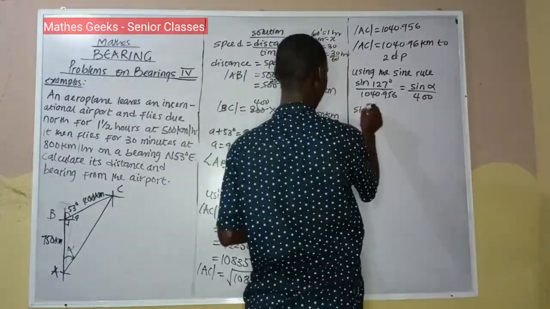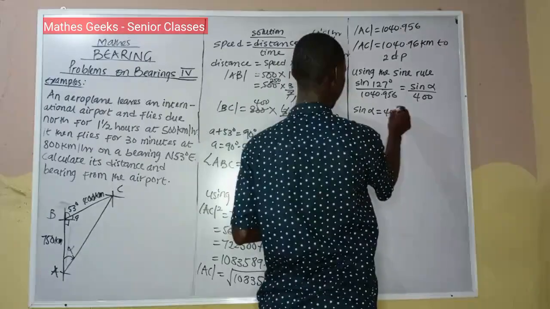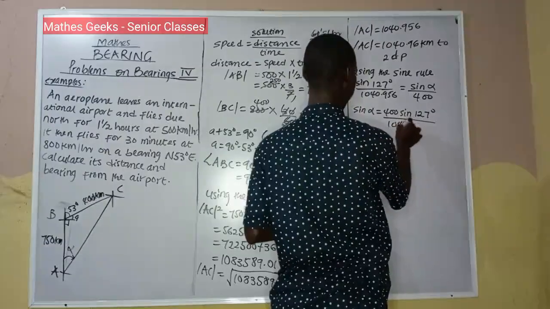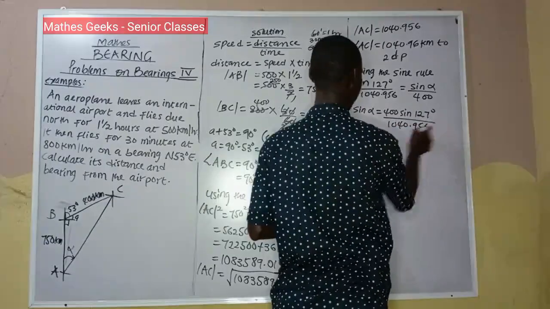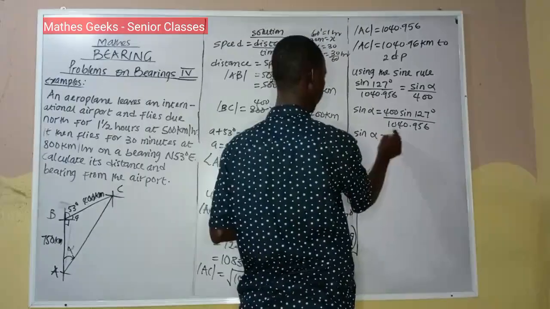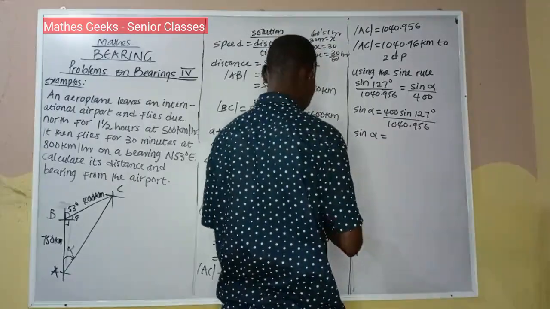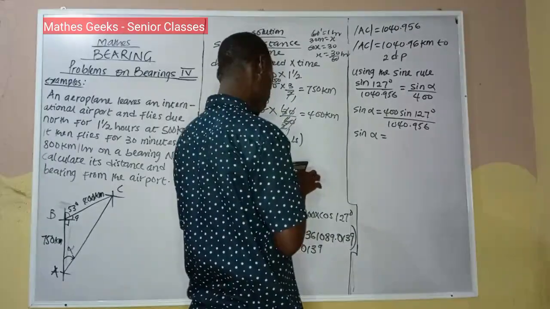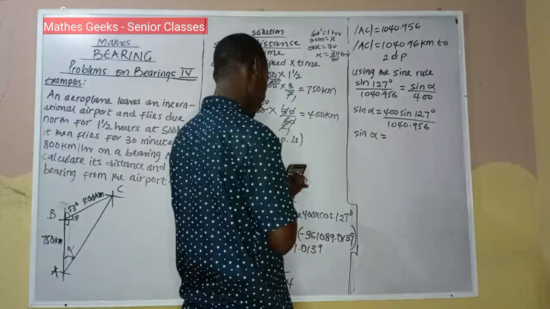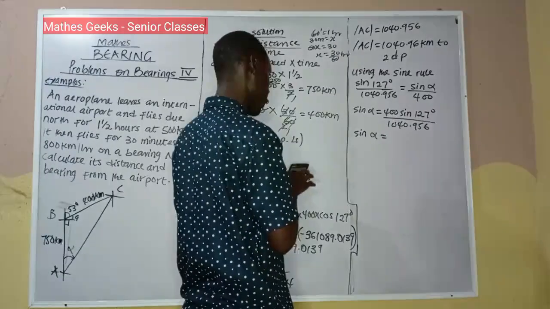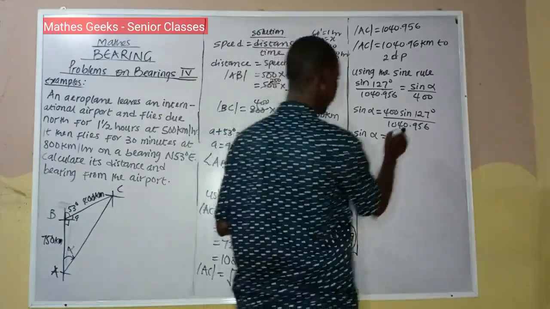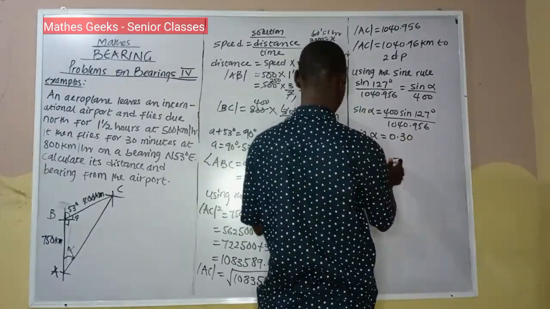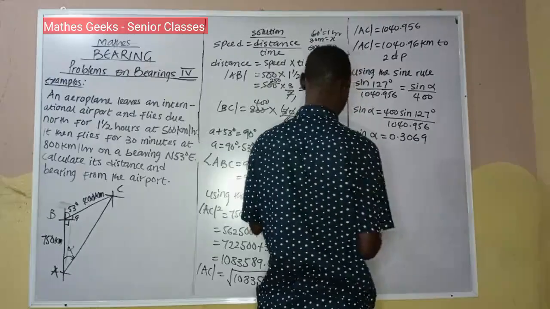So sine alpha is equal to 400 sine 127 degrees over 1040.956, which is 0.3069.